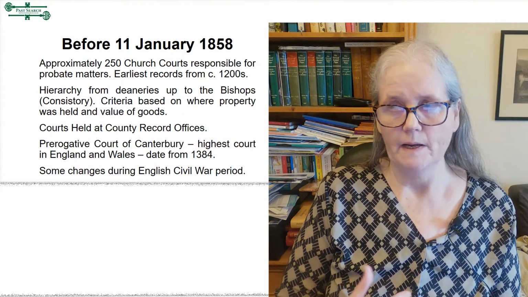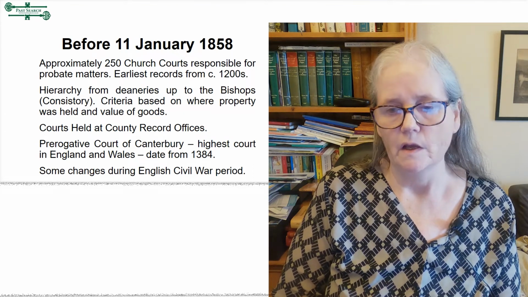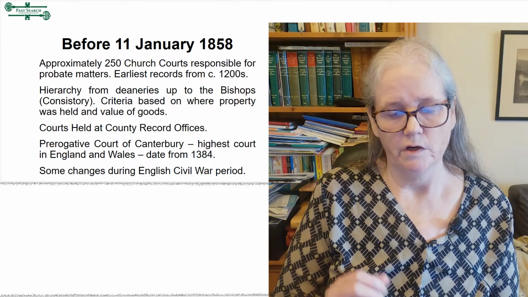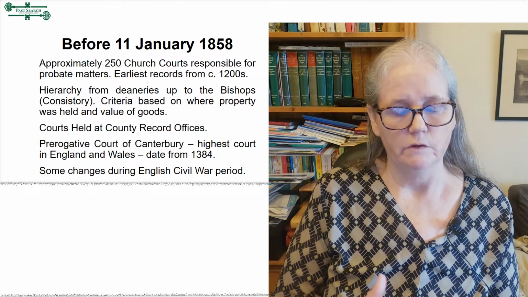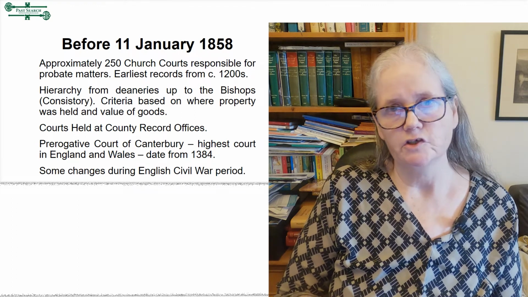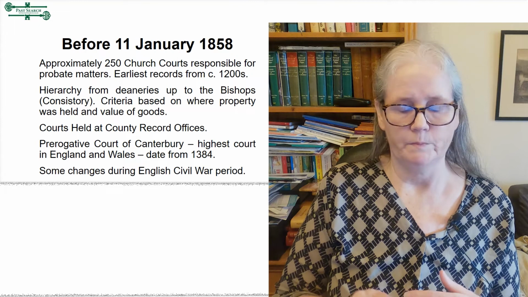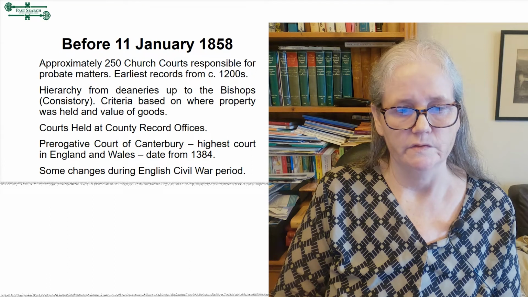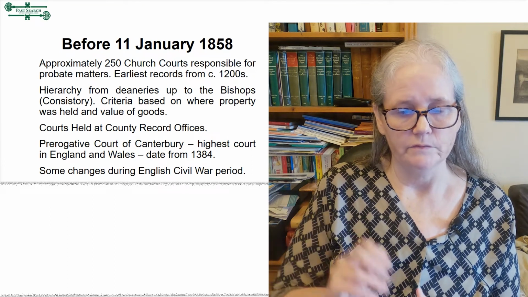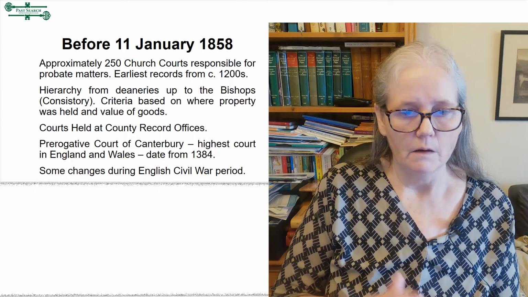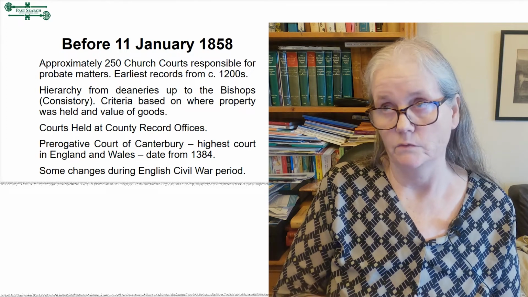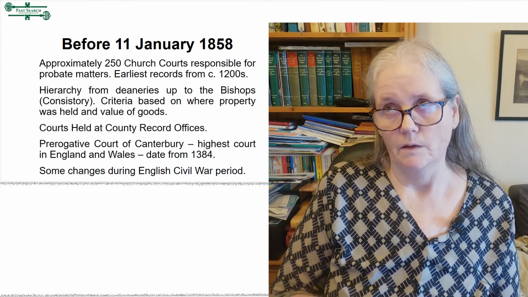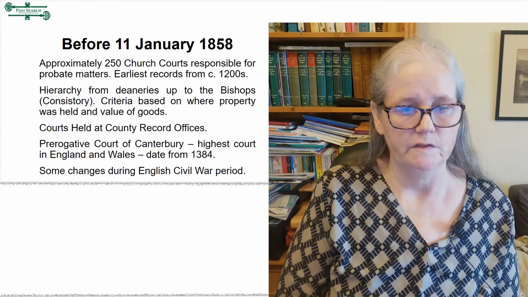There was quite a complex hierarchy of church courts, and the main thing to consider is to find out what that church hierarchy meant in the areas you're interested in, because the church jurisdictions don't correspond with parish jurisdictions necessarily, or with county jurisdictions, and it can go up from the lowest level of the church court, from a deanery, up through to the bishop's court, which is known as a consistory court at a local level, and then up to the highest level, which are the prerogative courts.